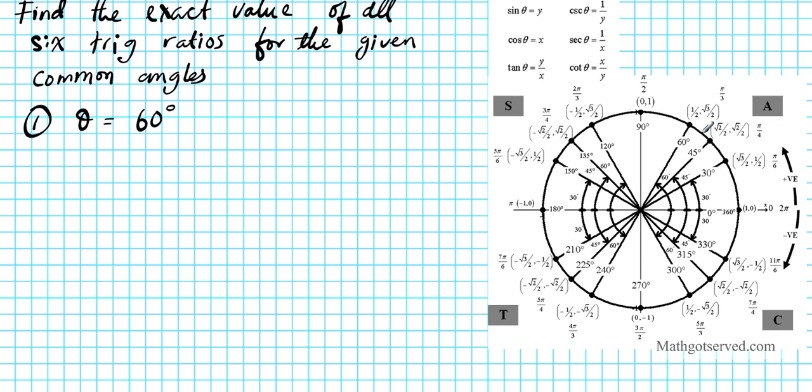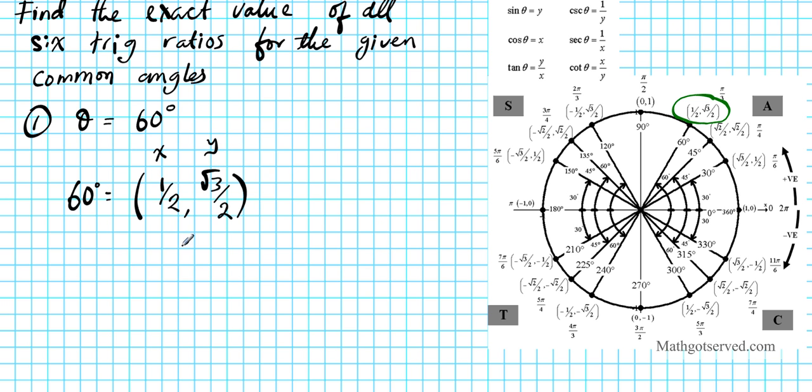We extract the coordinate that 60 degrees falls on: 1/2, root 3 over 2. This is the x coordinate, and this is the y coordinate.